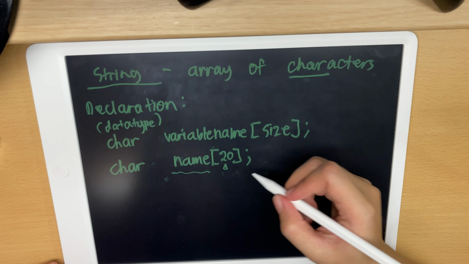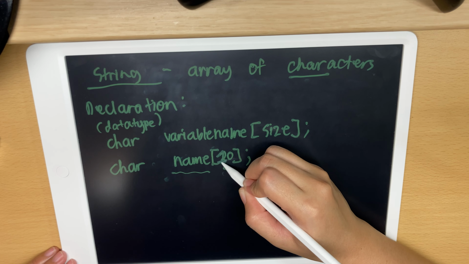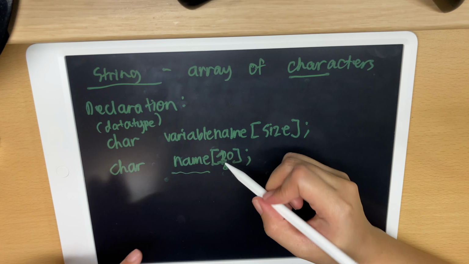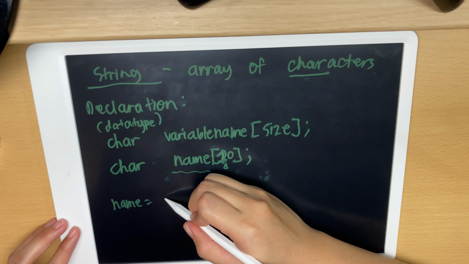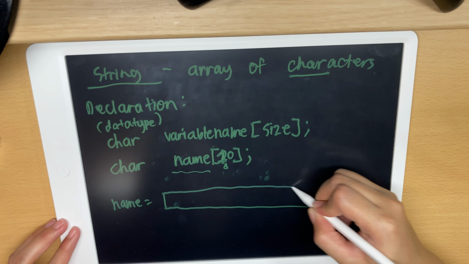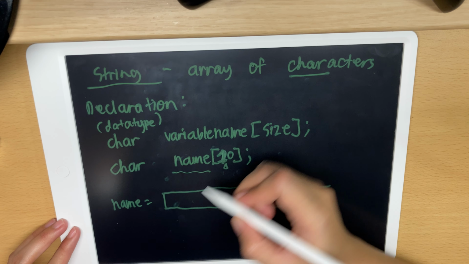Or let me just use 10 first. If we declare a name with size 10, that will be shown abstractly as a character array that has size 10.